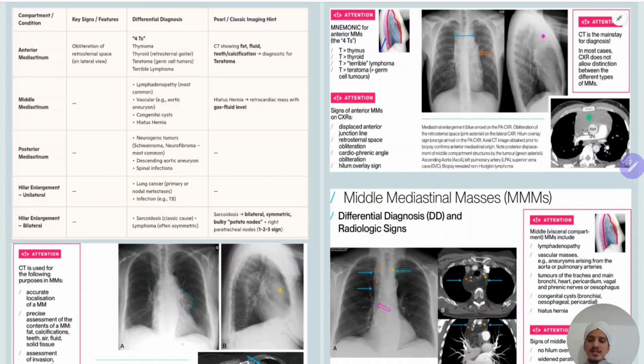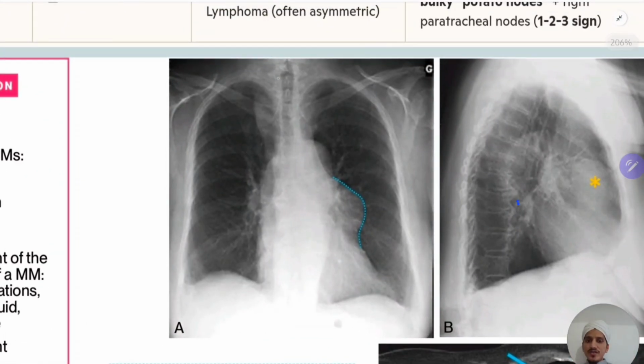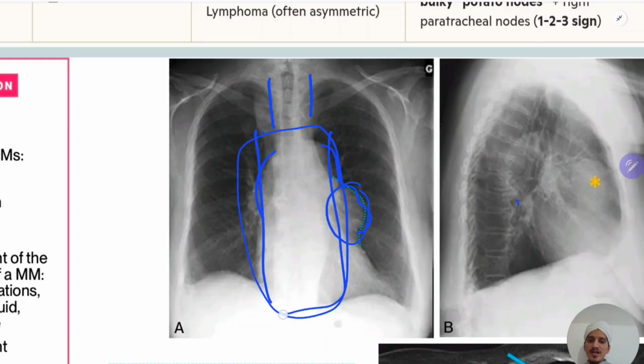So one thing I will say, whenever you're thinking of a mass, you see the paratracheal stripes here, and you see any sharp round-like opacity present in the middle side of the chest X-ray, and you see the left and right paratracheal stripes.